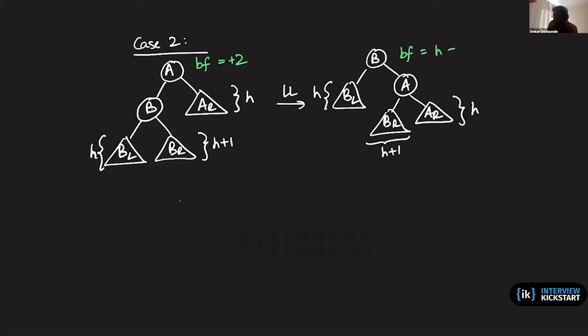On the right side, the height is H plus 2, because B sub R with A as its ancestor together make up a height of H plus 2. So this did not fix things the way we wanted.